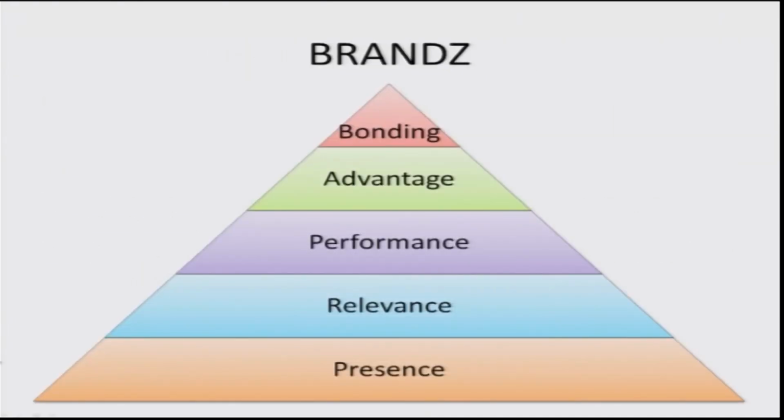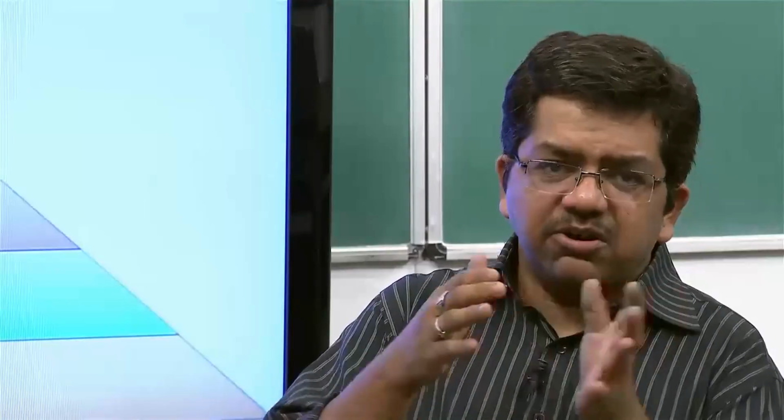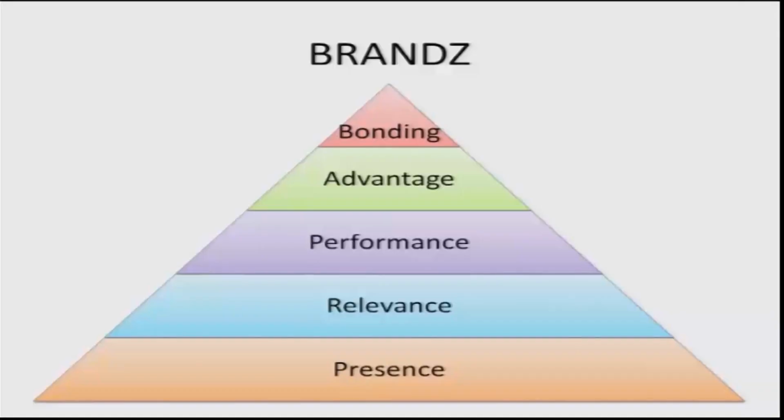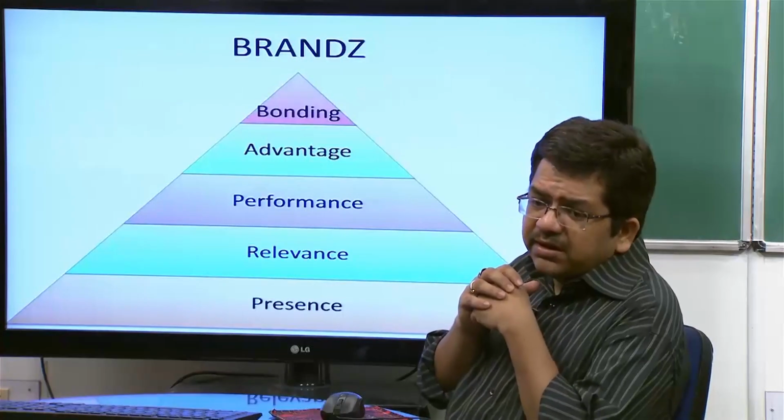Similar to the brand resonance model is the Millward Brown consulting firm's BrandZ model, where, instead of the 4 steps of the brand resonance model, you have 5 stages: presence, relevance, performance, advantage and bonding.